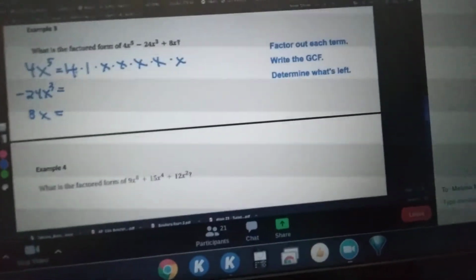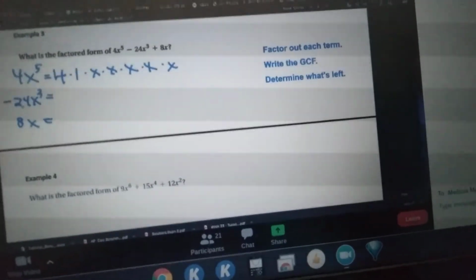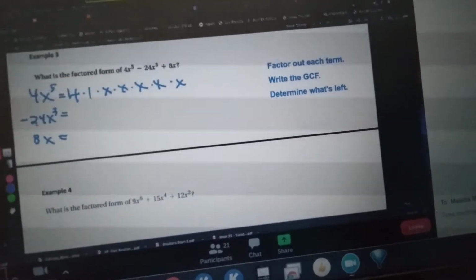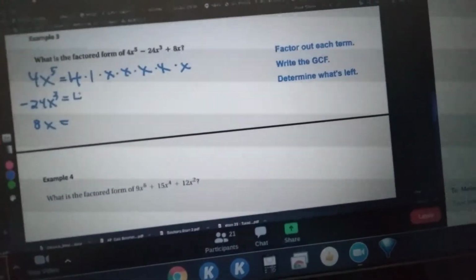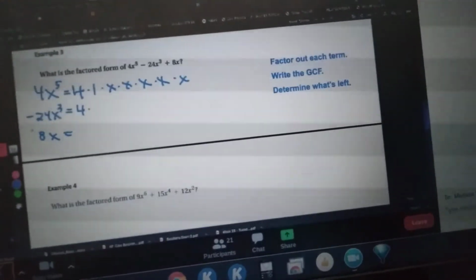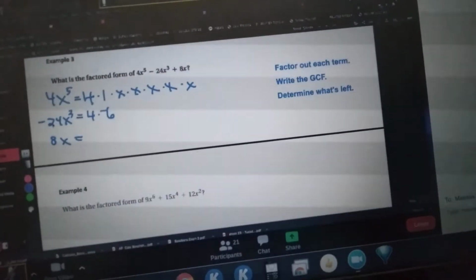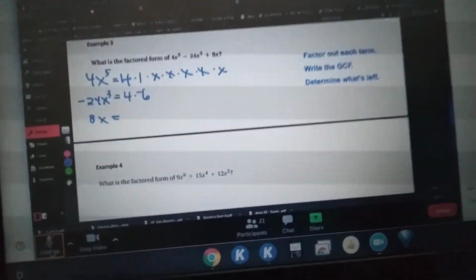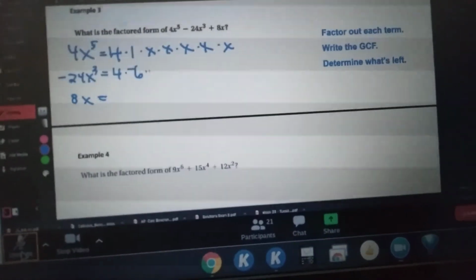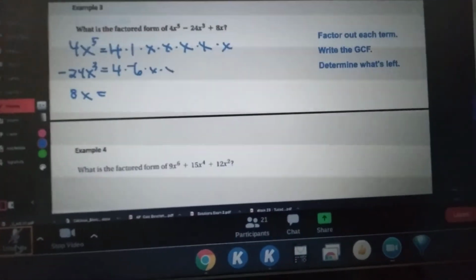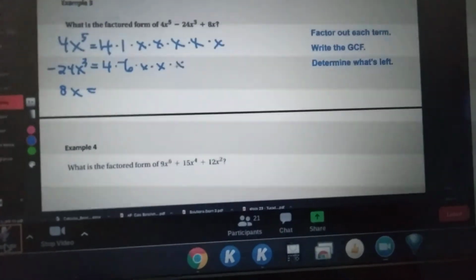Negative 24x. Well, if I got a 4 here, does 4 go into 24? It sure does. So I'm going to keep positive 4. It's a negative number, so I'm going to say 4 times negative 6 gives me negative 24. And then I've got x cubed, so that's x times itself 3 times.